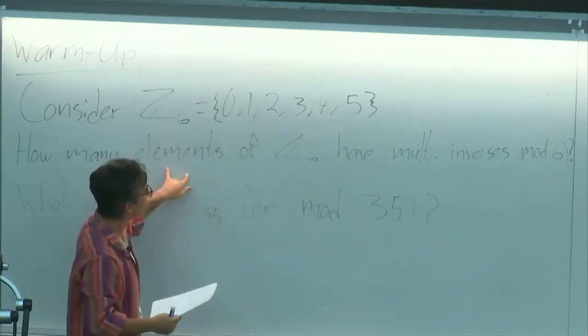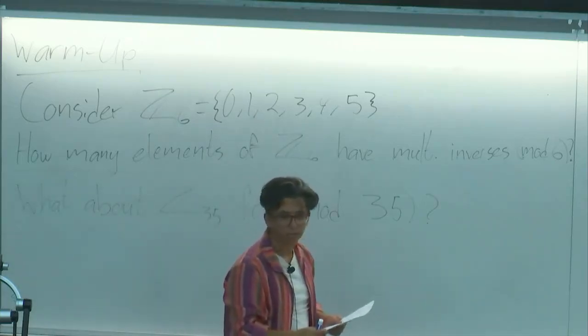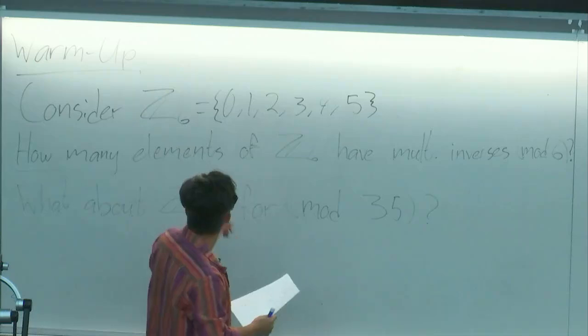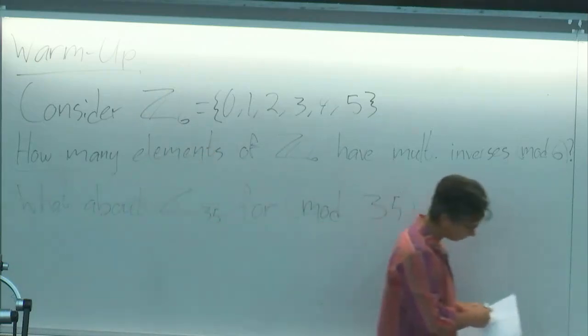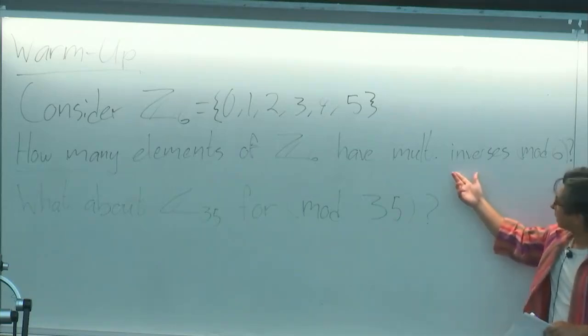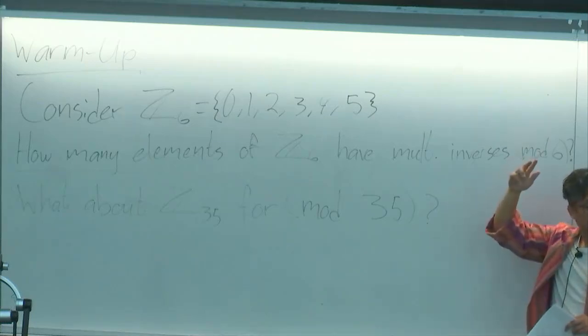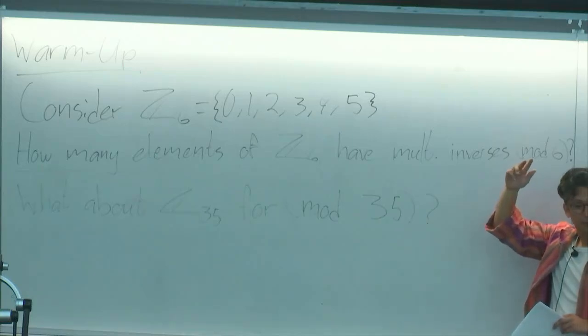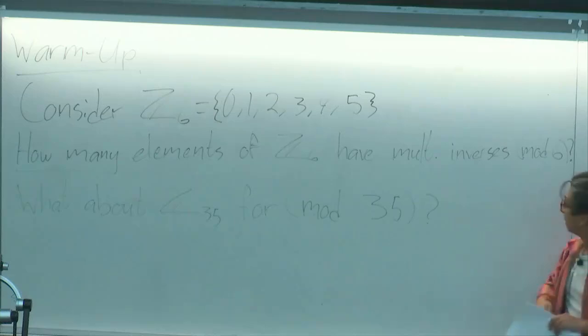And how many elements of Z6 have multiplicative inverses? It's a fair question. Not all of them have multiplicative inverses, but how many? So first off, what does it take for an element to have a multiplicative inverse? Okay, I'm hearing GCD of 1. Yeah? Okay.